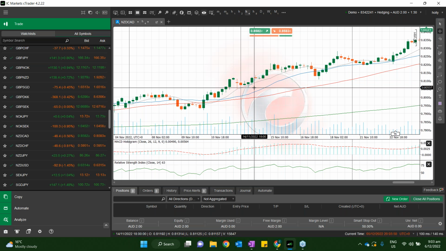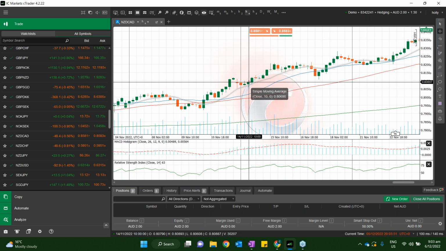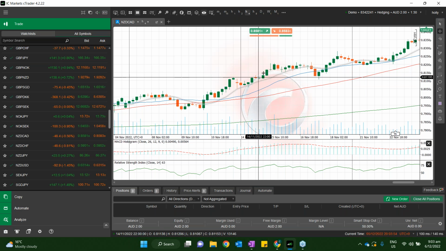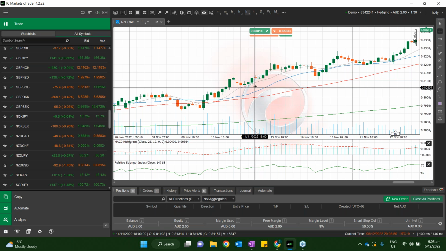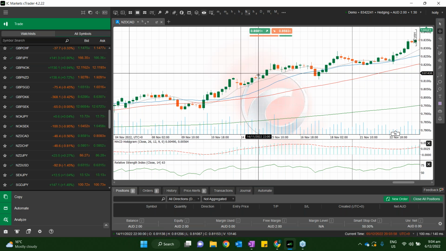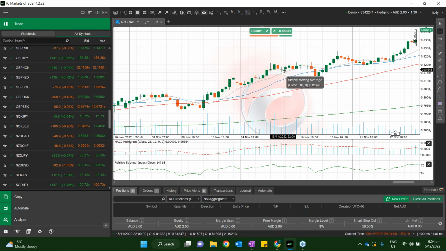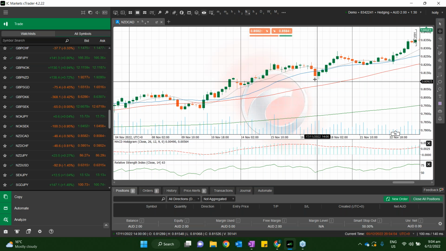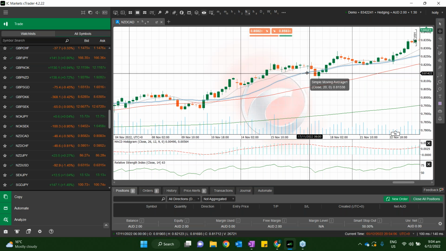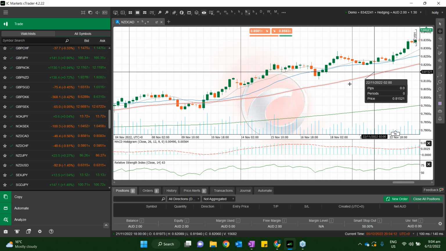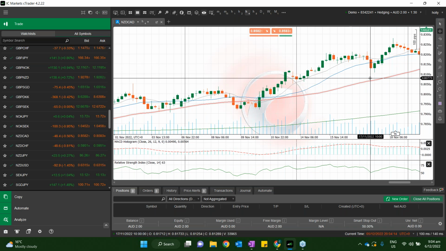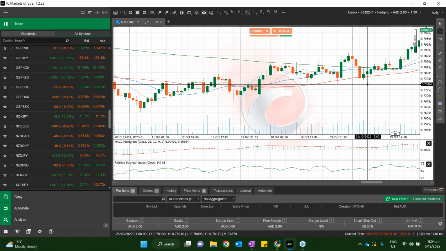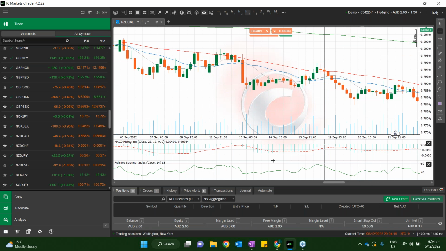You enter there, but you don't set a limit, and as it does each wave and pulls back, you just move your stop up. Eventually you're going to get stopped out. You might get stopped out there if you've moved it up to there and it's gone there, but that's fine. You're still getting more out of it than potentially you would have before. But as I say, get good at getting one-to-one first. Win-loss ratio.